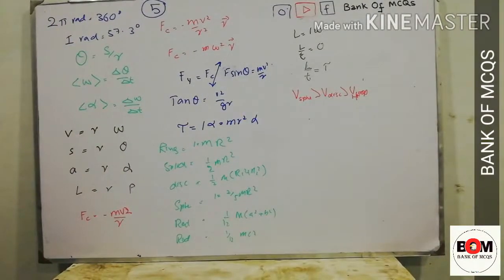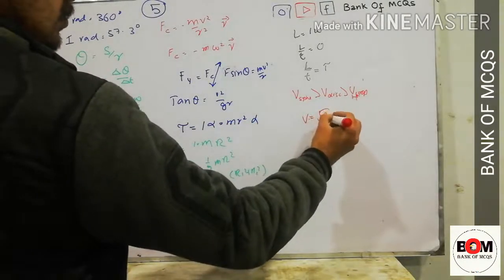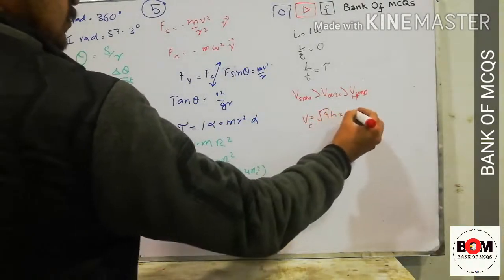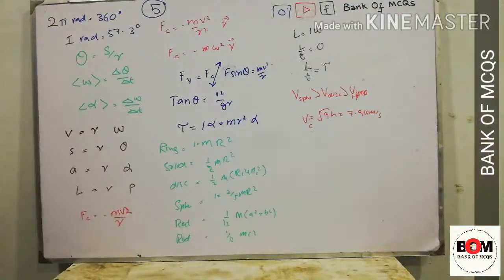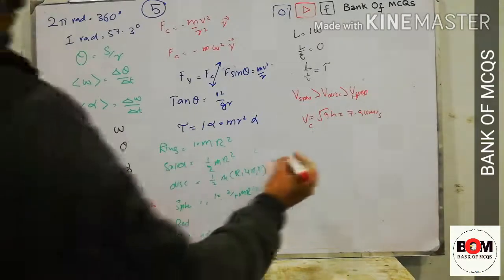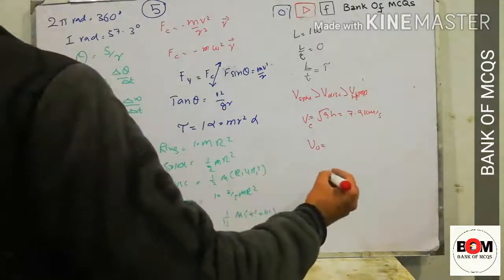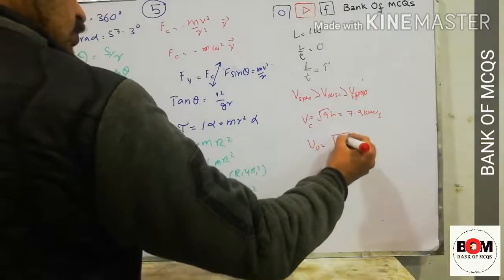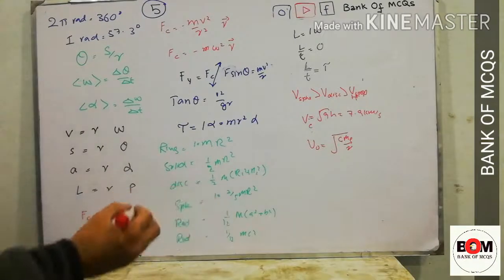Further we told that for artificial satellite, v is equal to under root gh, this is the critical velocity, 7.9 km per second. Then there is the orbital velocity, that is v is equal to under root G mass of the earth divided by radius.